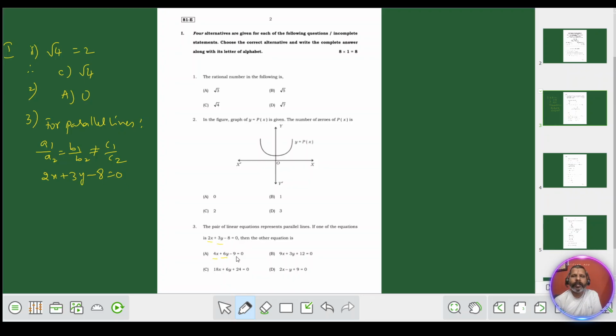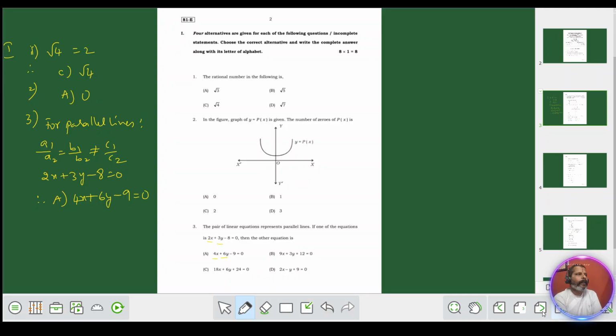Minus 8 by minus 9 is 8 by 9, which is not equal to c1 by c2. Therefore, answer here goes as 4x plus 6y minus 9 equal to 0. You can validate others as well. Since MCQ will have only one right answer, you can stop by comparing the other equations.